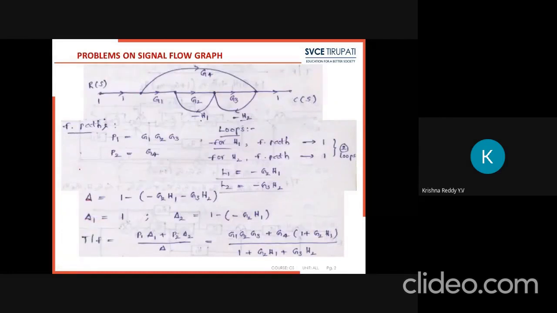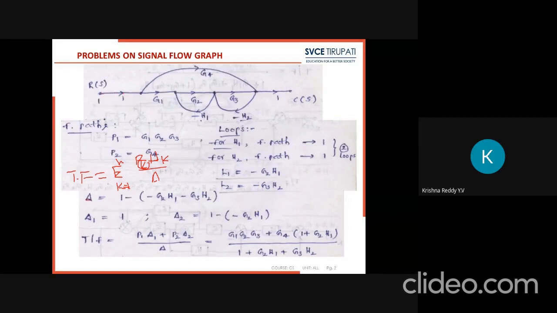So the transfer function formula is the summation from k equal to 1 to n of Pk delta k divided by delta, where k represents the number of forward paths. In this problem, how many forward paths?